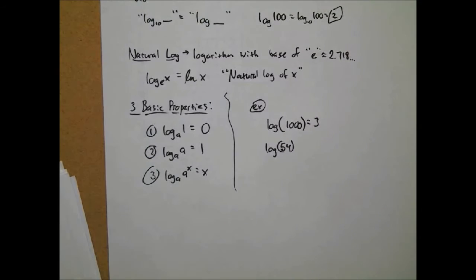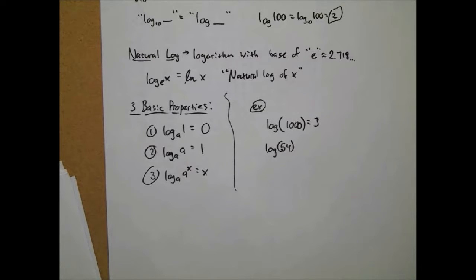But then if I asked you something like log of 54, 10 to what power gives us 54? We can narrow it down. Between what two numbers is it going to occur? 1 and 2.